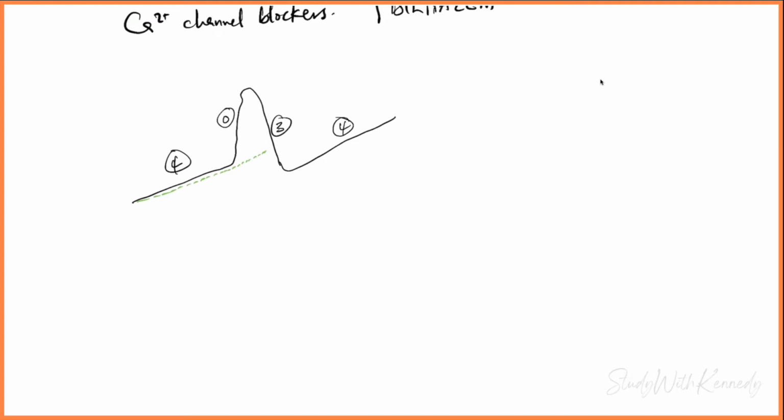Phase 0 was also predominantly calcium channels. So you can imagine that the slope of phase 0 here is going to be less steep. So instead of going up in this manner, it's going to go up in this manner. Slower or less steep phase 0.